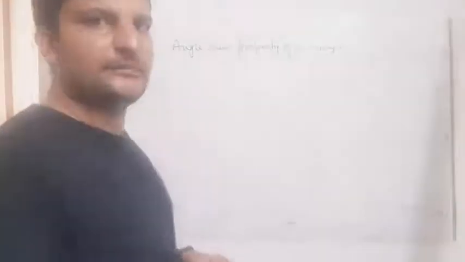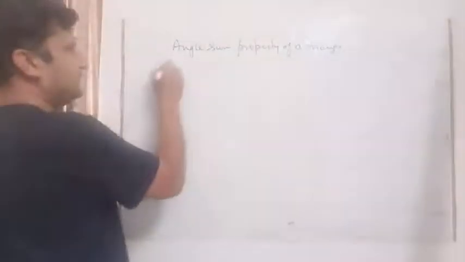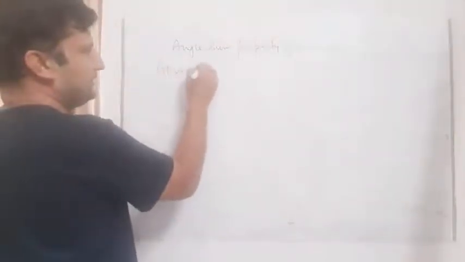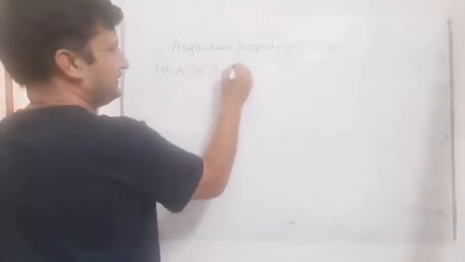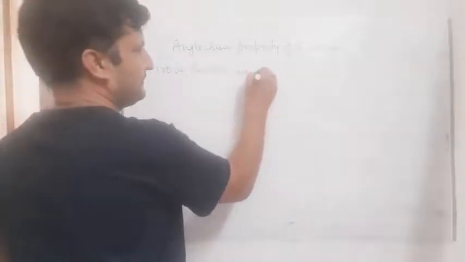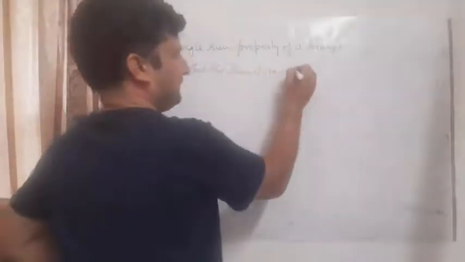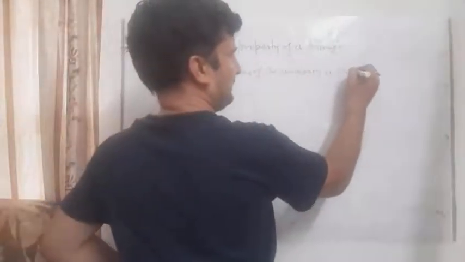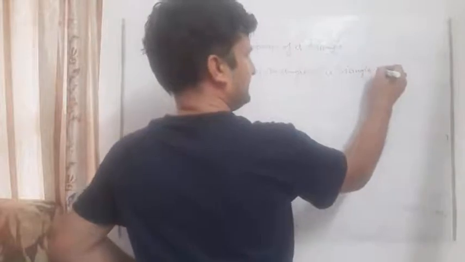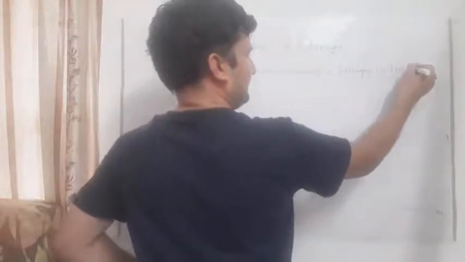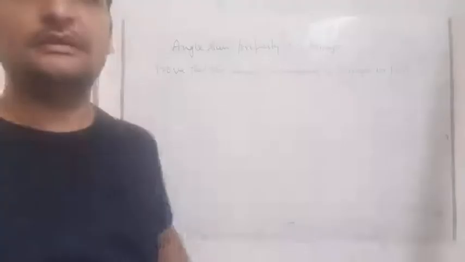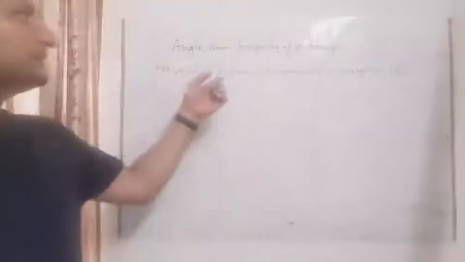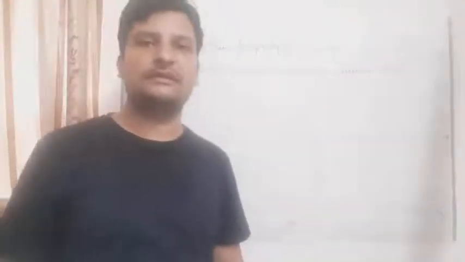Your question can come like this: prove that the sum of the angles of a triangle is 180 degrees. How can we prove it? This is a theorem.